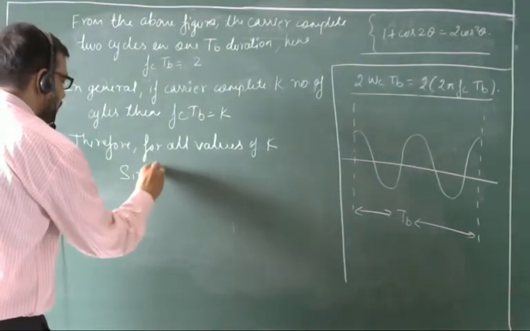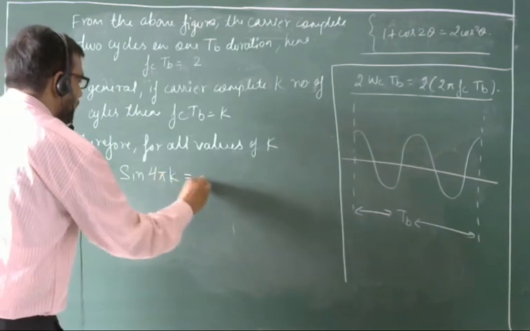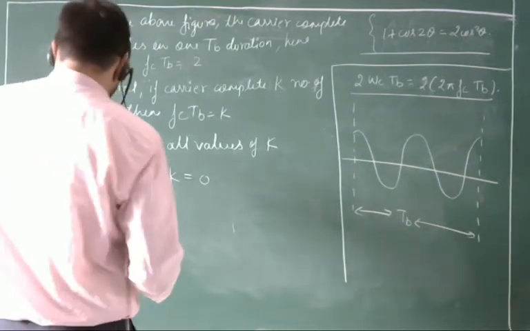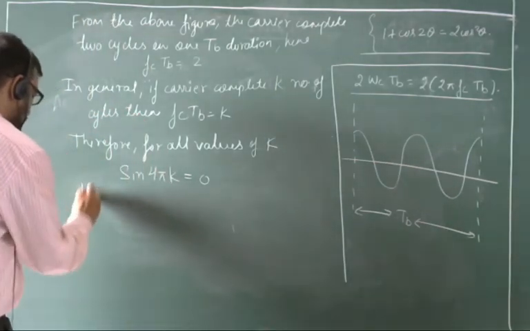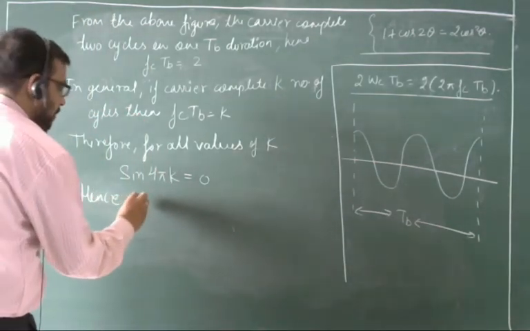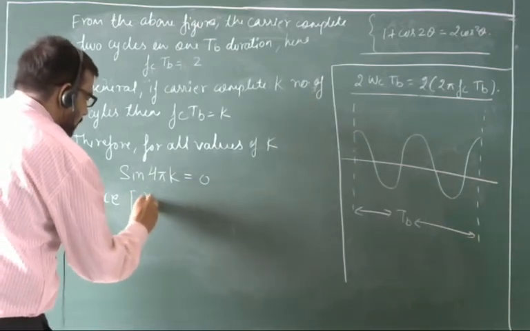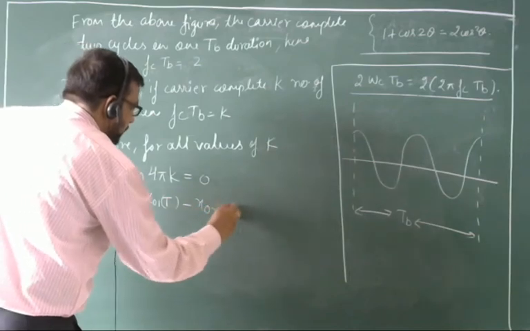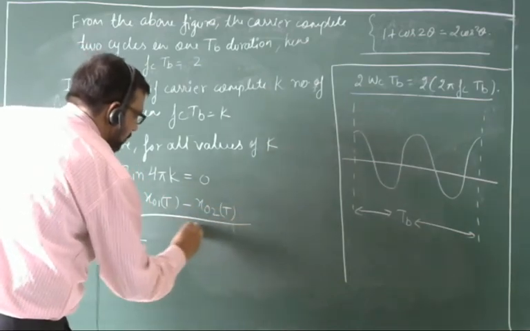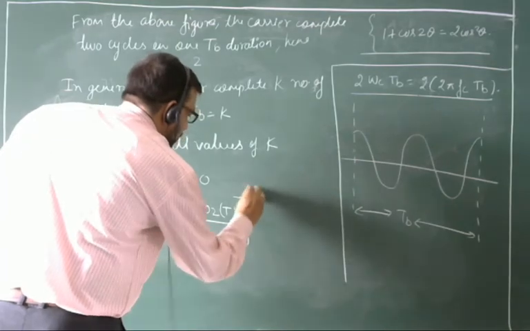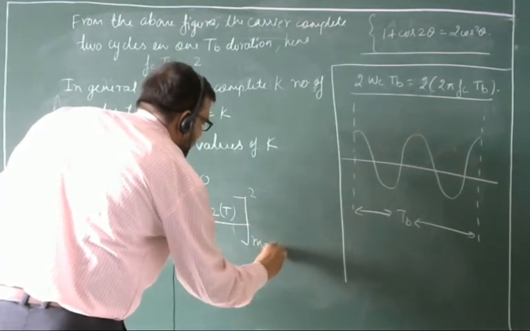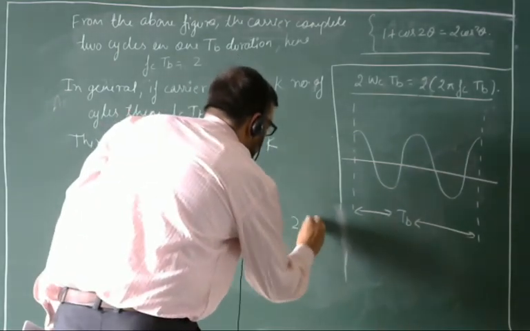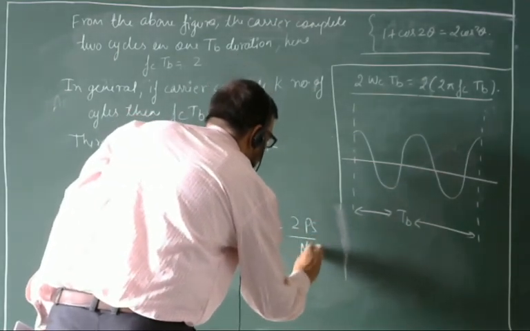sin 4 pi k is equal to 0, hence x1(t) minus x0(t) over sigma maximum is equal to 2 pi Tb upon N naught.